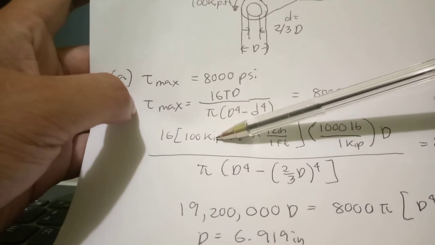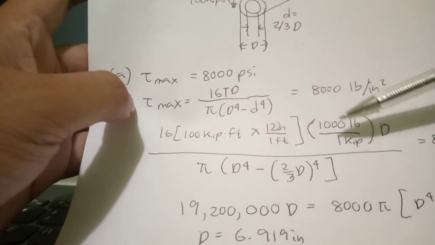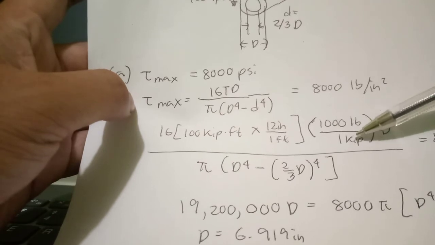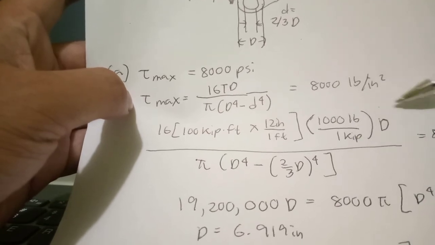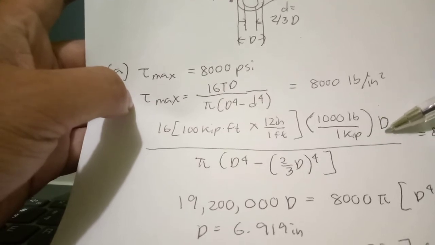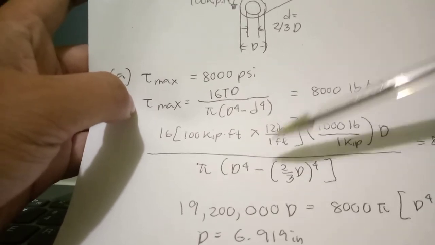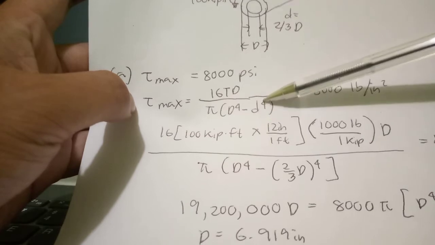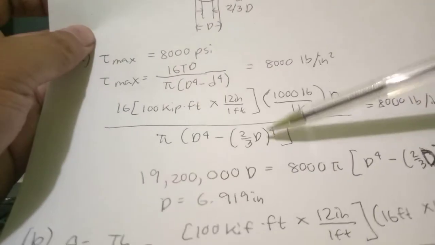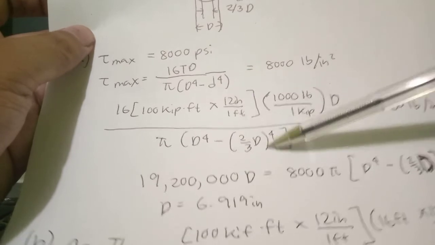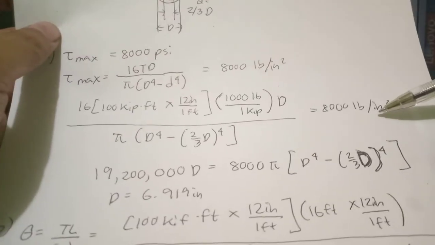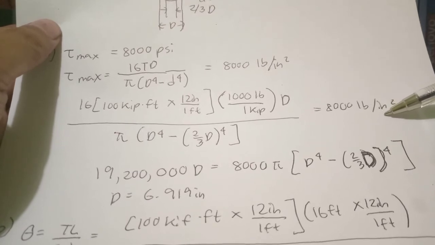To convert kips into pounds, I multiply by 1,000 pounds over 1 kip, and then multiplied by D. Since we don't know the value of D, and we know that small d is equivalent to 2/3 of D, I also put it in this one. So we have one unknown, the big D, and equate it to 8,000 pounds per square inch.